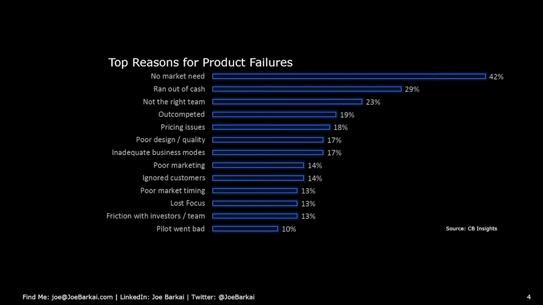And you may not be surprised by now that most products fail because there's really no market for them, or the company ran out of cash while trying to pursue this market that never saw the need for this thing. Often we don't have the right team. So again, I use this chart usually when I talk about product failures.